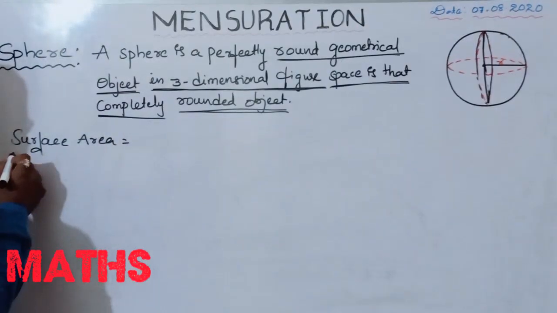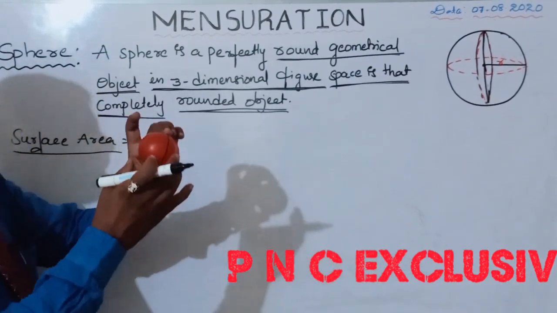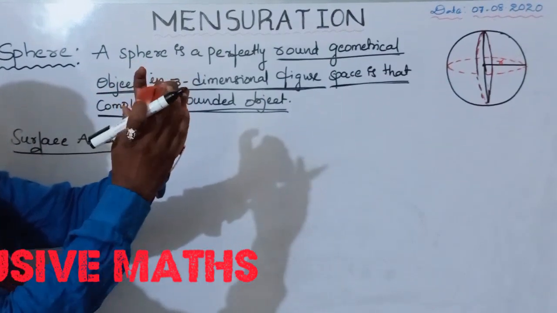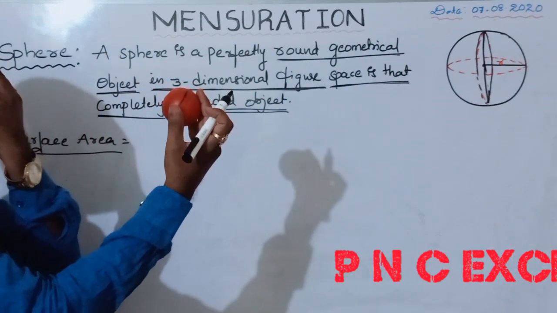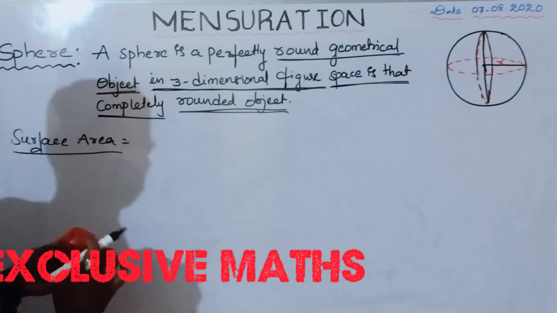So now surface area of a sphere. Here we have front surface, back surface, right surface, left surface. So how many surfaces does a sphere have? 4 surfaces.